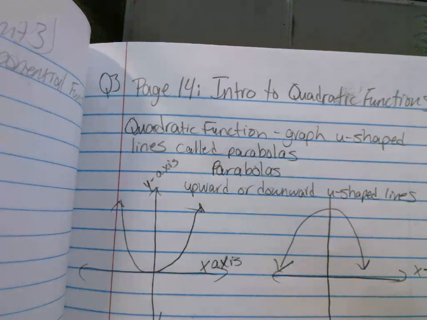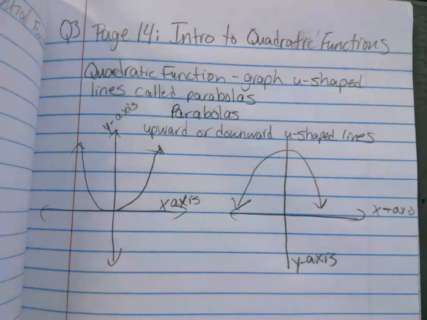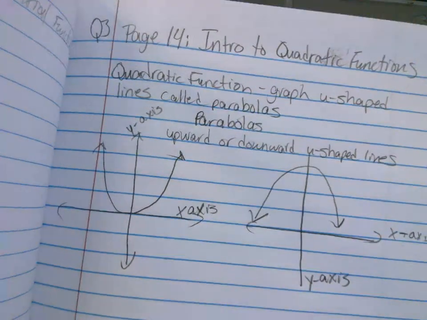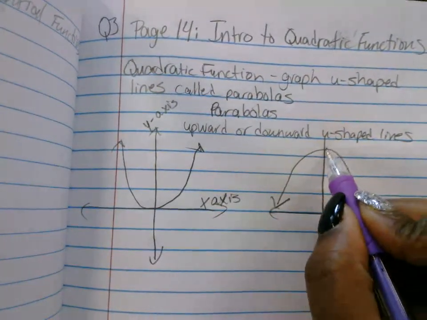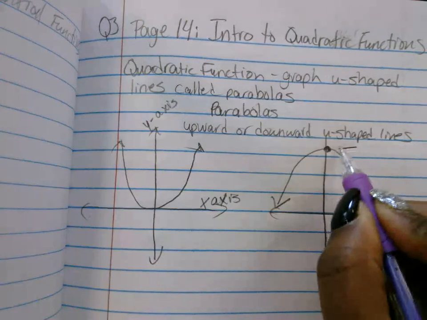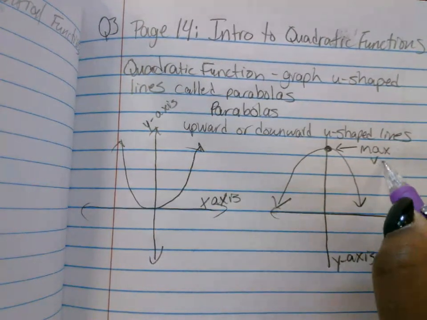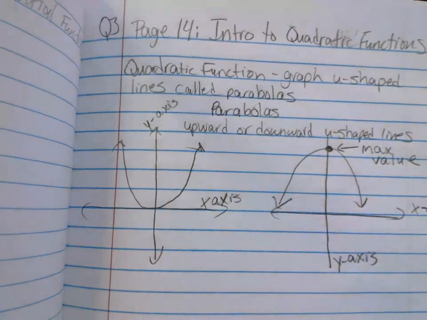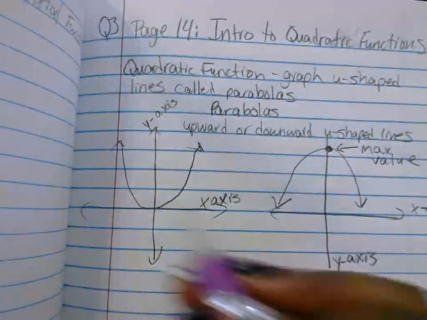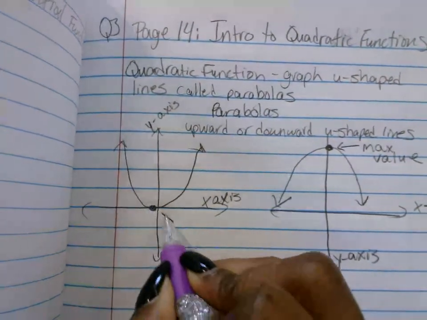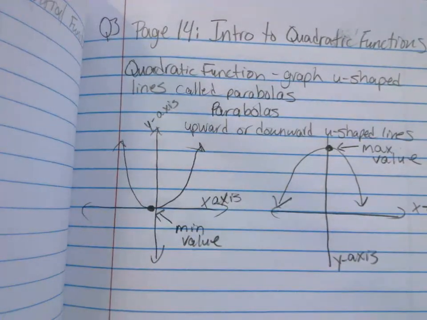The highest point of a parabola, this highest point right here, is called the maximum value. The lowest part of a parabola, which is here, what do you think is called? Minimum value.